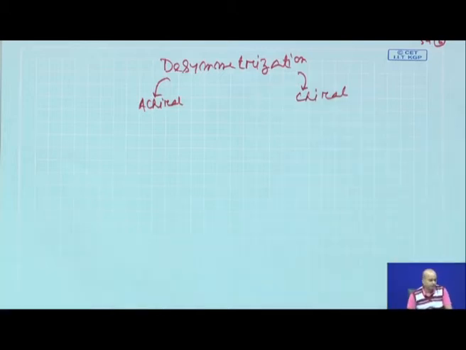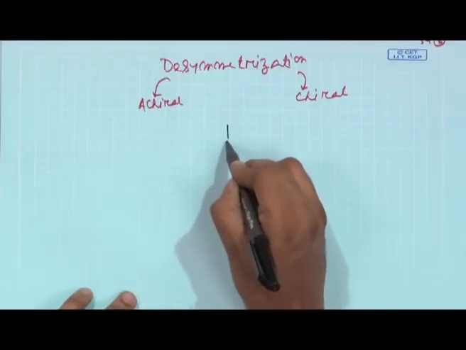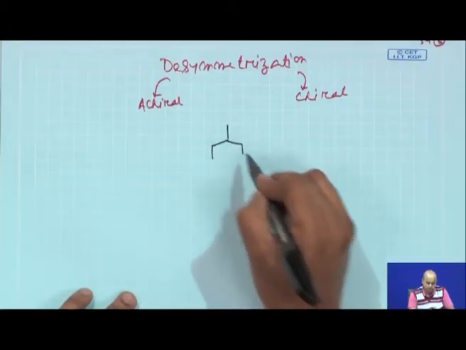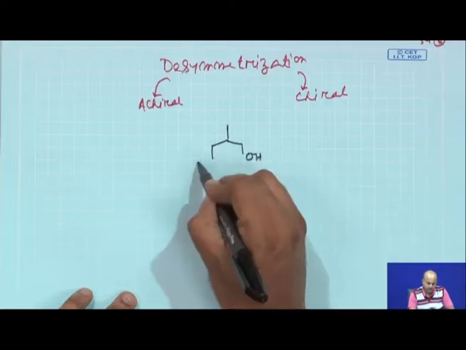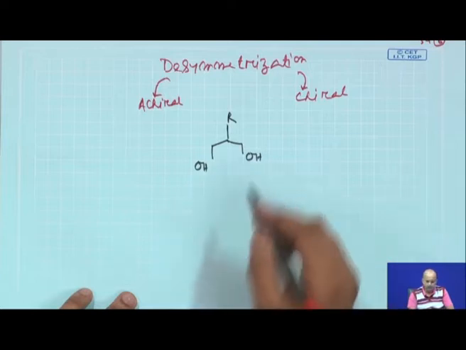Desymmetrization is a very important strategy where, if you have a molecule which can be efficiently desymmetrized to give you 2 enantiomers, then it is absolutely useful. We will come back to our simple example which we explained earlier, that if you have a compound like this, it is a prochiral compound.